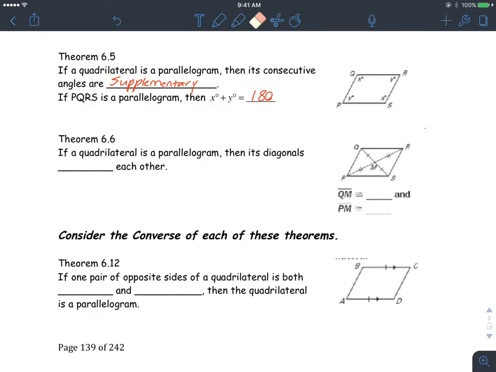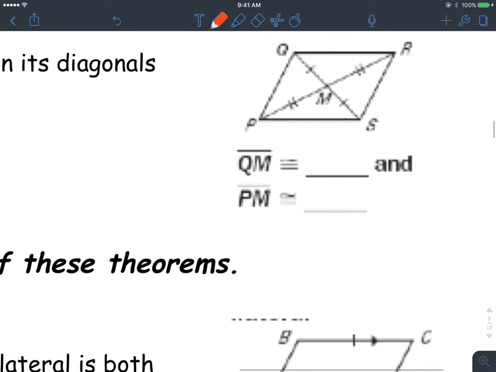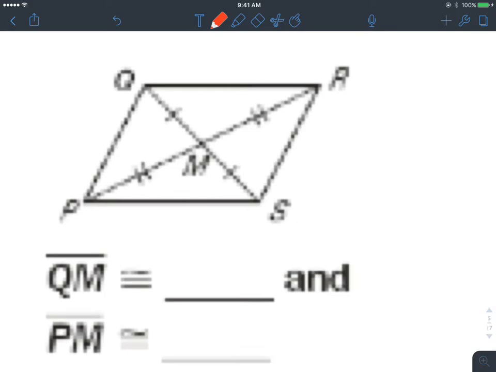All right, and then if a quadrilateral is a parallelogram, then the diagonals bisect each other. So that means this little piece of the full diagonal is congruent to that little piece of the full diagonal. So QM is congruent to MS. And then also go in the other direction.